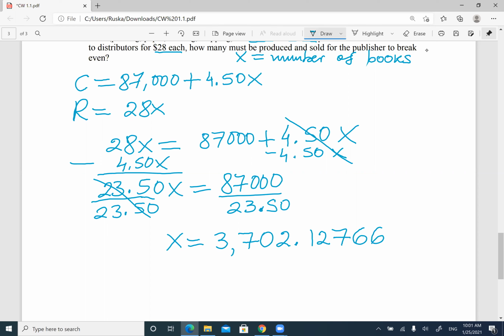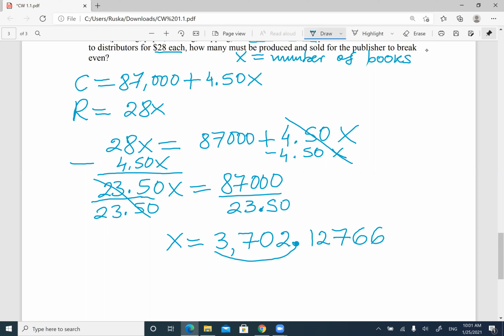Okay, so this is what I get, but now what is X? X is the number of books, right? So if you're talking about the number of books, you're going to produce and sell a whole book, right? Not part of it, not a few pages. So what you need to do is just round this number to the whole number.